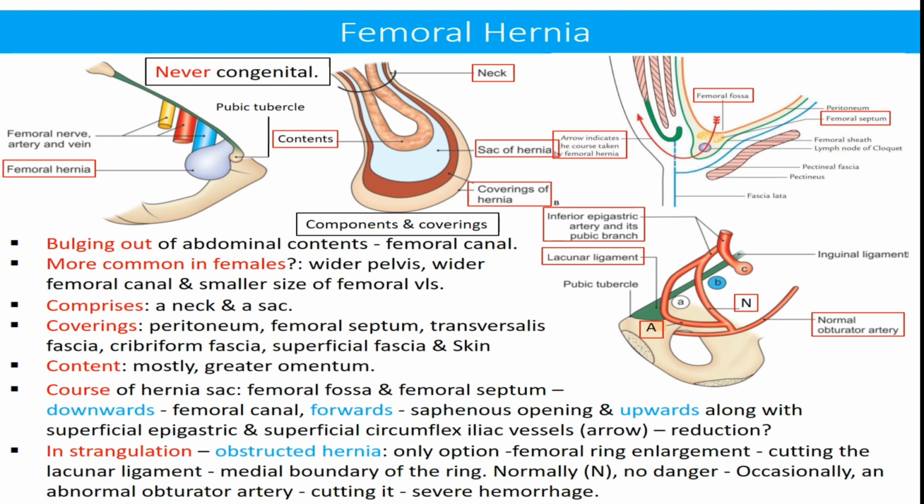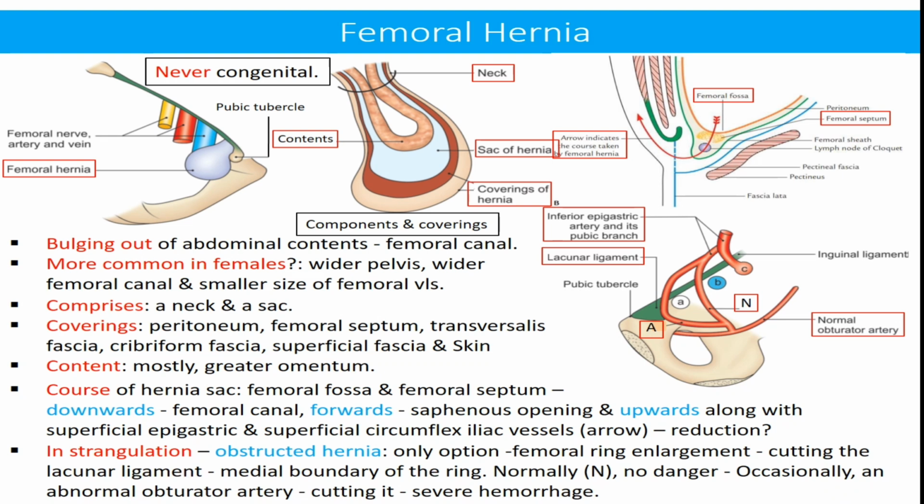Occasionally, an abnormal obturator artery may be lying along the medial boundary of the hernia, that is above the lacunar ligament. Normally, obturator artery is a branch of internal iliac.